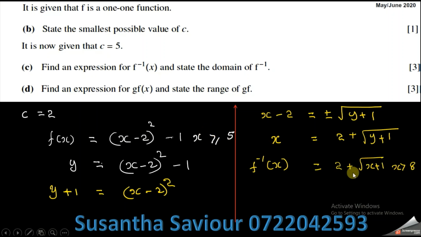Okay, now we will move on to the next part. What does this say? Find an expression for g(f(x)). In the function g, you apply fx, right? We will go on. Fx is this, right, and gx is this.